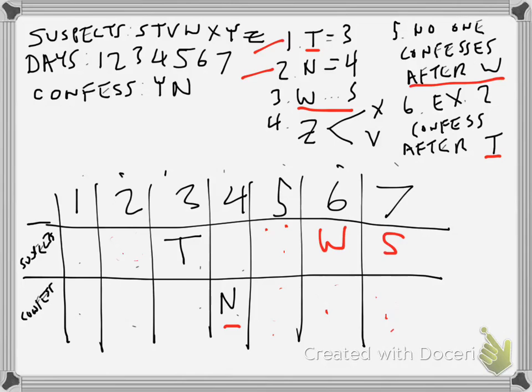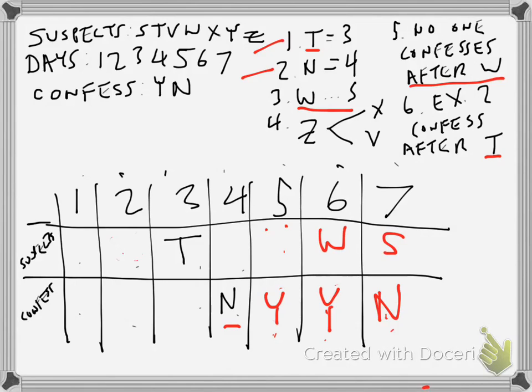S, therefore, has to go in 7 because W comes before S. You're going to have 2 confessions coming after T, and no confessions coming after W. And notice, even though it said no confessions after W, it didn't say that W couldn't confess. Here we have W confessing, no confessions after W, exactly 2 confessions after T. There's our 2 Ys. This is working out. This is checking out just fine. And the sketch has begun to fill in.